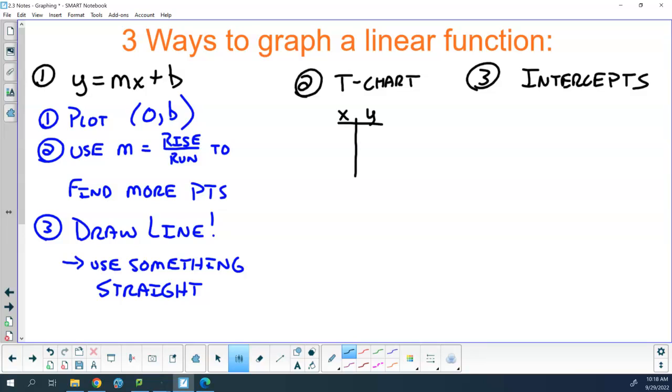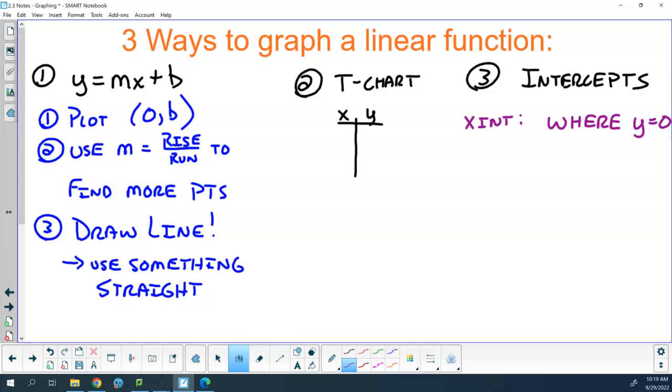Okay? So the 2 intercepts that you would be finding, you would find the x-intercept. Now the x-intercept is where the line crosses the x-axis. So that would be where y is 0.